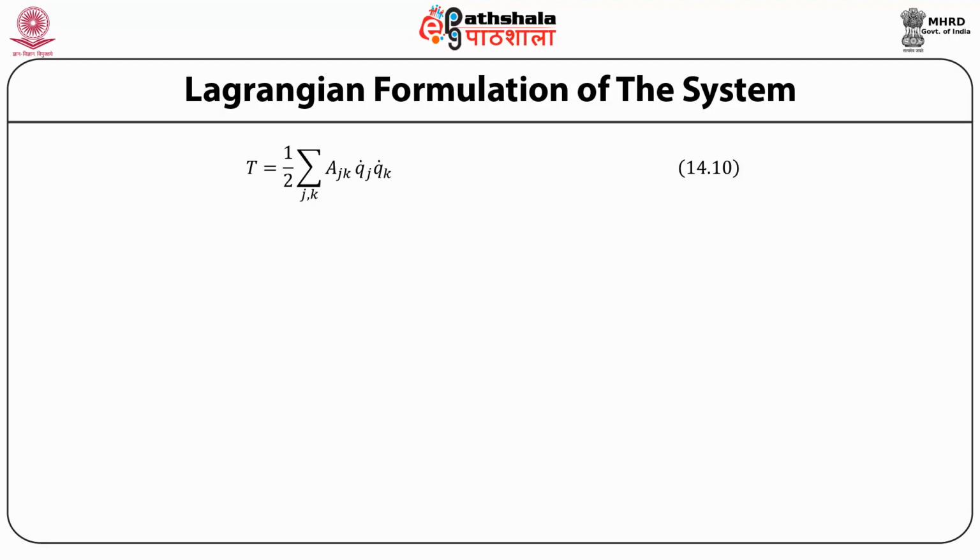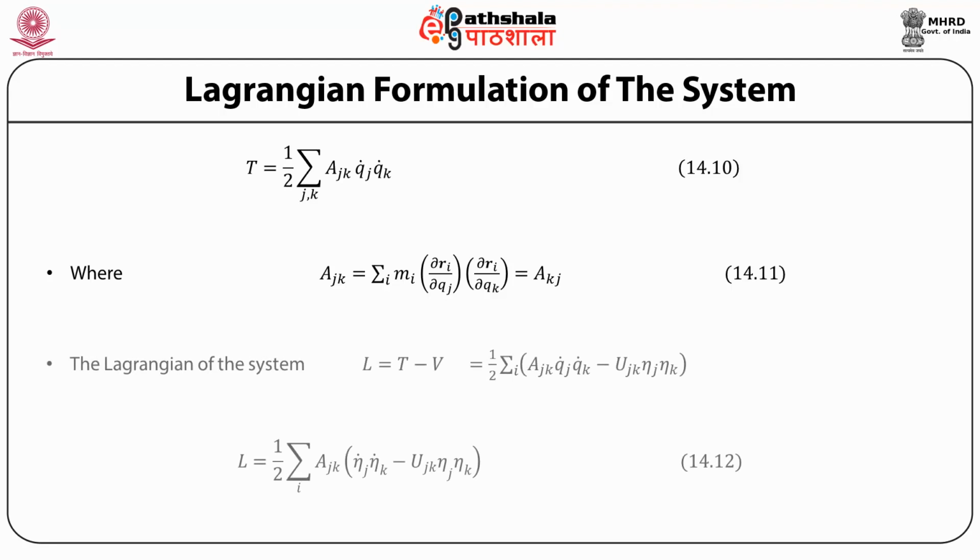So, T is half the sum over j and k of a_jk q_j dot q_k dot, where the quantities a_jk are symmetric in k and j. So a_jk is equal to a_kj, and it is given by sigma over i of m_i dr_i by dq_j dot into dr_i by dq_k.